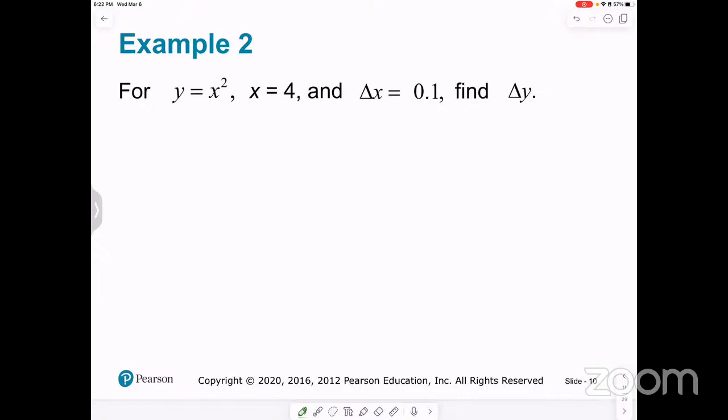I'm kind of piggybacking off the slope formula, right? The slope is the change in y over the change in x, and we said the slope is the derivative. So if we want the change in y, I think we can do delta x times the slope, and the slope will come from the derivative. So I'm just going to piggyback on the slope formula and see if we can get all the parts.